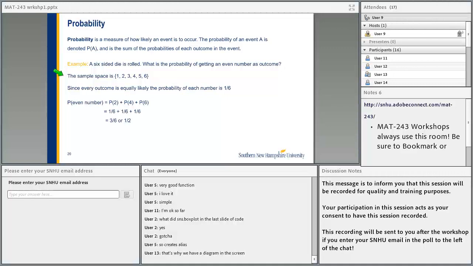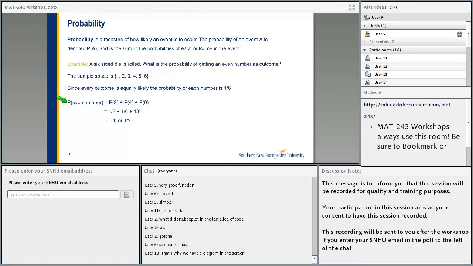So I have my sample space. So sample space is all possible outcomes. When you roll a die, the possible outcomes are numbers 1 through 6. So that's my sample space. Since every outcome is equally likely, the probability of each number is 1 over 6. So because we have 6 outcomes, the probability of getting any number would be 1 over 6.